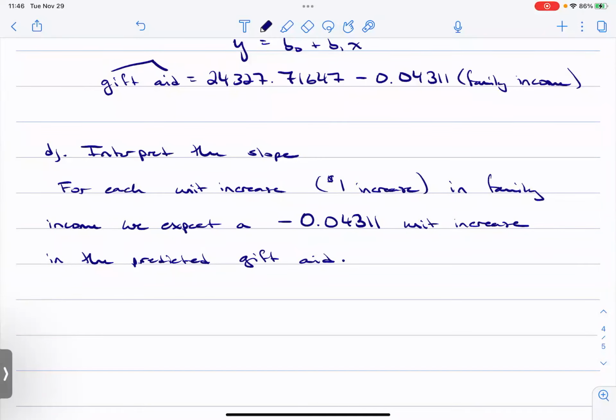You don't look sold. After the 0.0431 unit increase, would it also be dollar increase? Or could it be? Yes. How about that? Yeah. Good. In the predicted gift aid. Good.